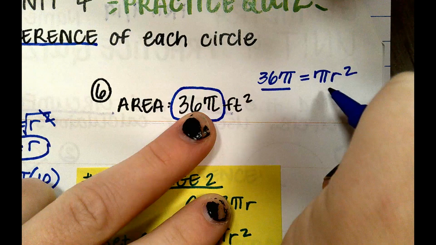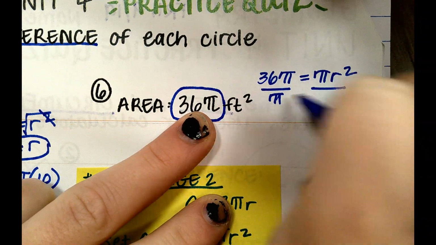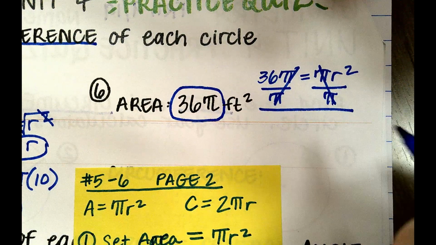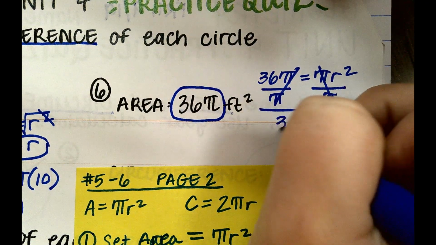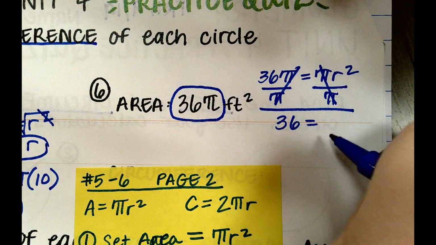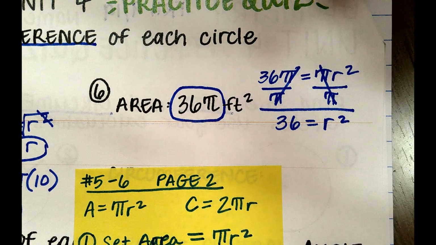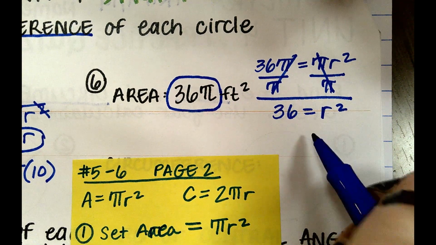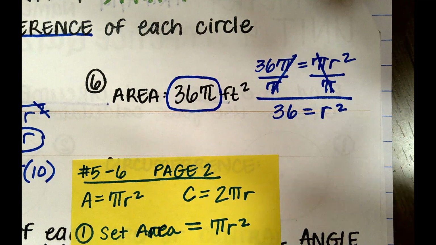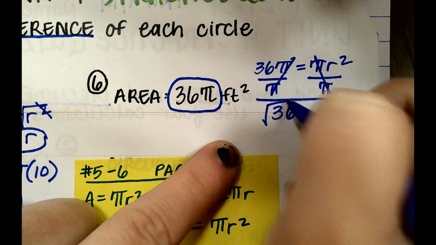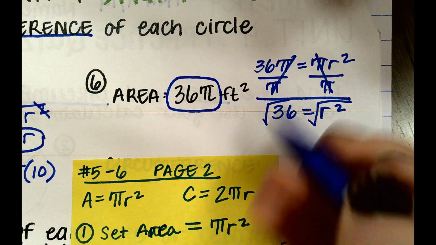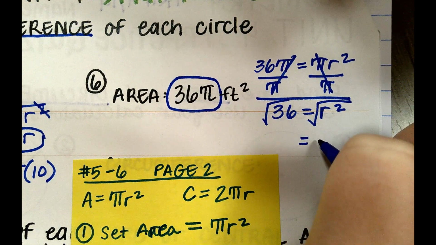Divide by pi. Good. So that gives us 36 equals radius squared. And our last step is that square root. And what is our radius?